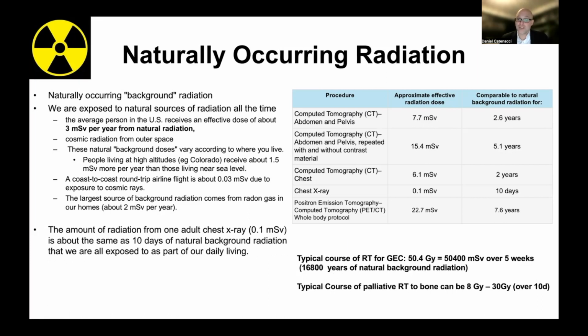And now remember, this is spread daily over weeks. Still, though, you can see the stark contrast in the doses of what is used in an imaging scan versus what's used for radiation. In contrast, as I'll show you, for palliative purposes, to just try and improve symptoms from an area, like, for example, a bone metastases, the doses are typically a little bit lower over a little bit less time.